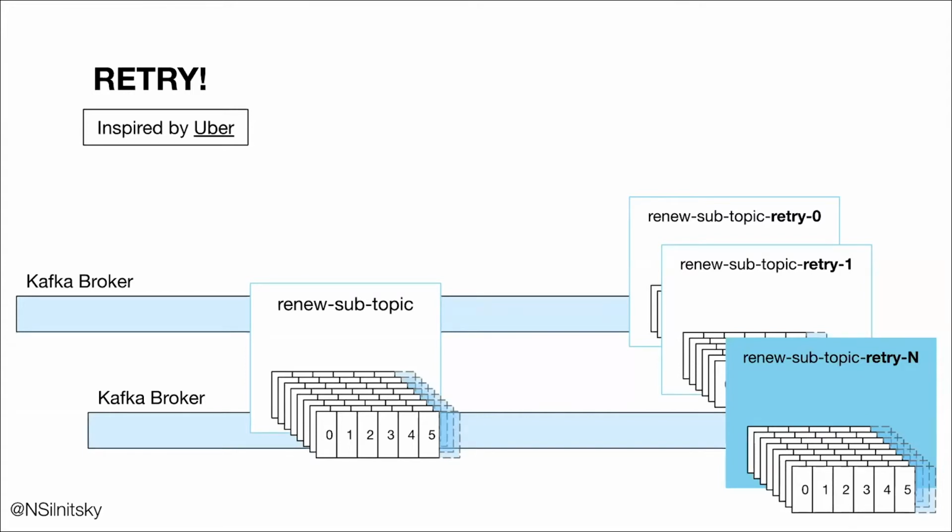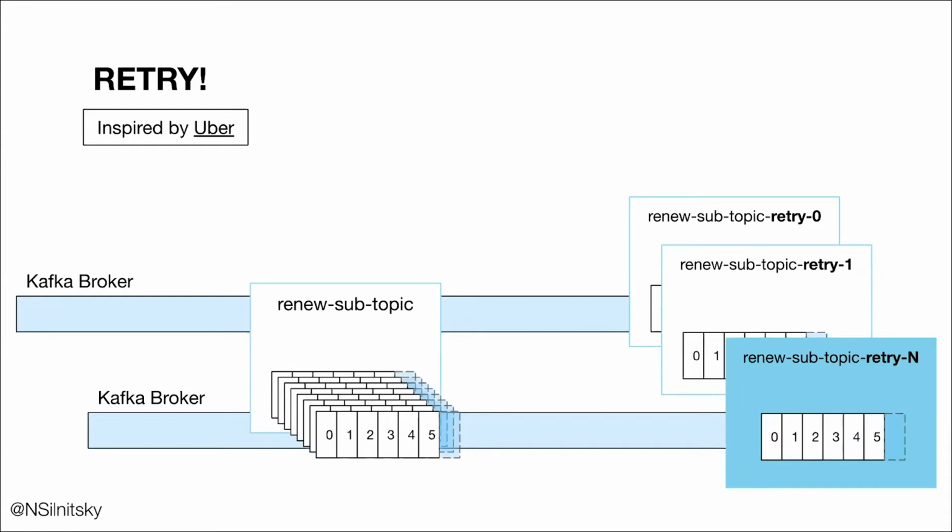And so this kind of exponentially increases the amount of topics and partitions that we have on our cluster. So one way to mitigate it is to just specify by default one partition for this retry topic, and then you will have less increase in the metadata that your Kafka brokers need to handle.